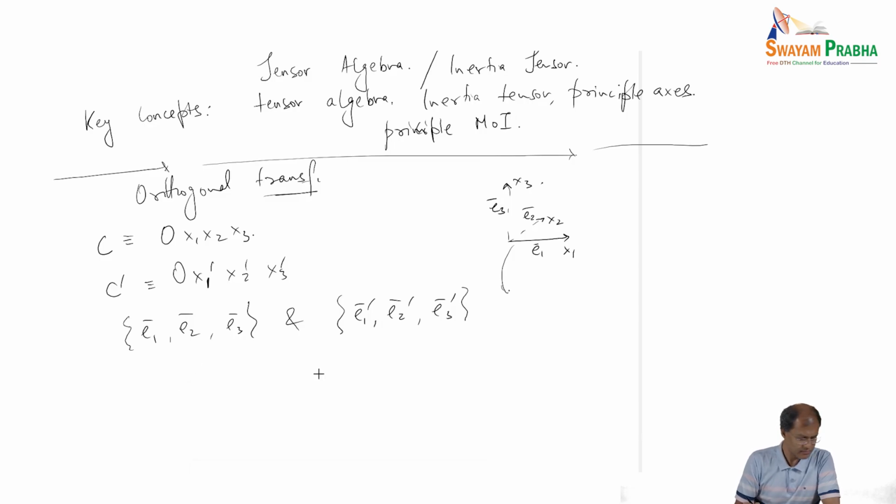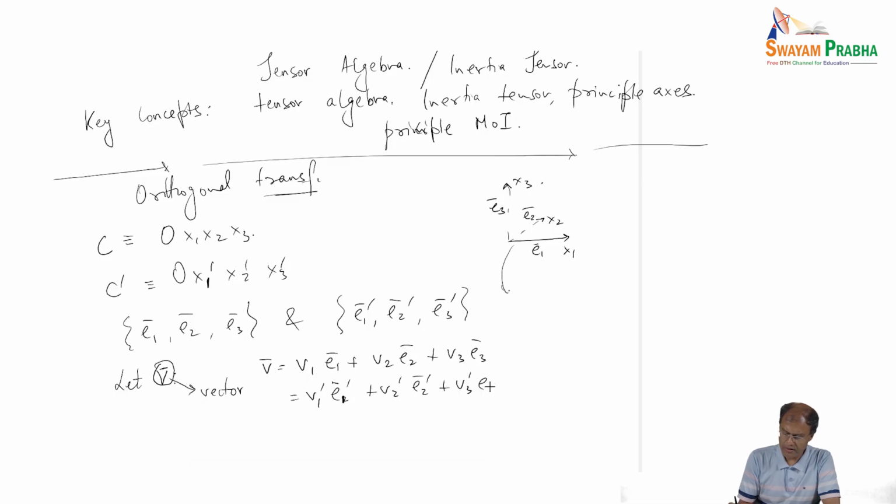And let us have V be the expanded form. So let us consider a vector V. So vector V we can write as V1 E1 plus V2 E2 plus V3 E3, and this is also equal to V1 prime E1 prime plus V2 prime E2 prime plus V3 prime E3 prime.